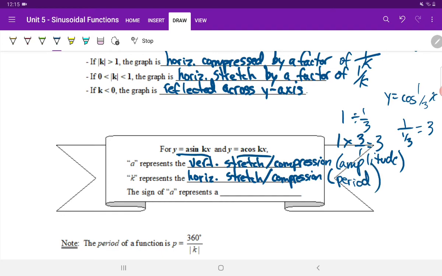If your period was 360 and now your k value is 2, your period is going to be multiplied by 1/2. The sign of A and k represents a reflection.